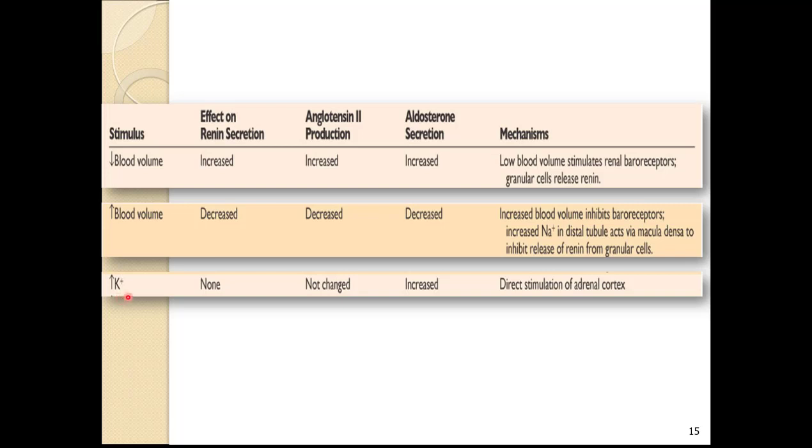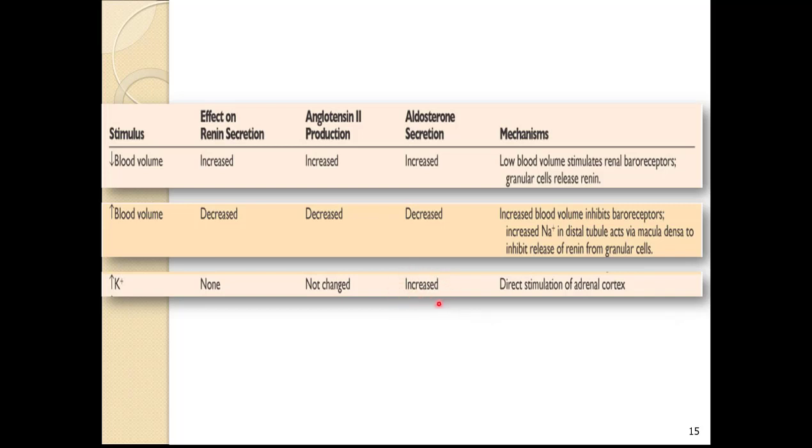Okay. So if you look here, if we have high blood potassium levels, that's what this is talking about. Remember, potassium does not trigger the granular cells, so it's not going to trigger the secretion of renin, so nothing happens here. Because we're not secreting more renin, we are also not making more angiotensin, so that also does not change. But look over here, high levels of potassium will cause the secretion of aldosterone in higher levels in the adrenal cortex.